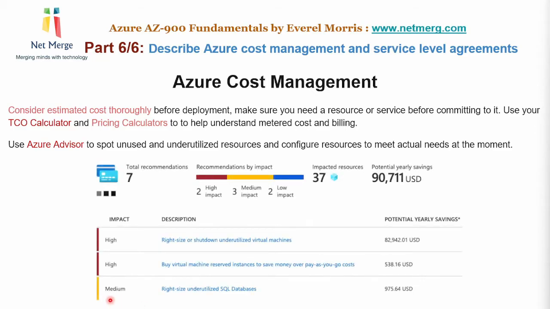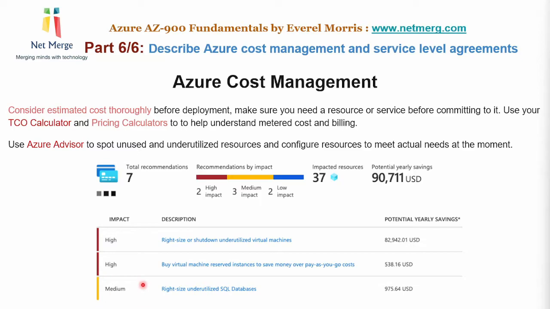This is a general overview of what your Azure Advisor looks like. It's telling you that you have a total of 7 recommendations, and 2 of those are high impact, 3 are medium impact, and 2 are low impact. And you get a breakdown of the impacts right here. You have your high, and medium.